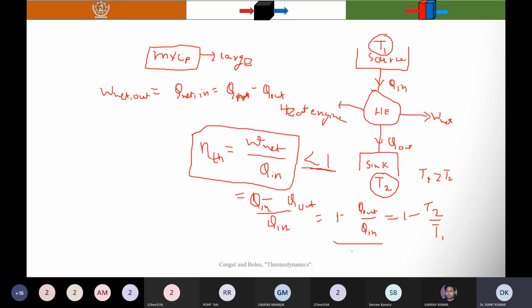Here I have written that 1 minus Q out by Q in is equal to 1 minus T2 by T1. Can you tell me whether this efficiency formula is valid for any process or not?